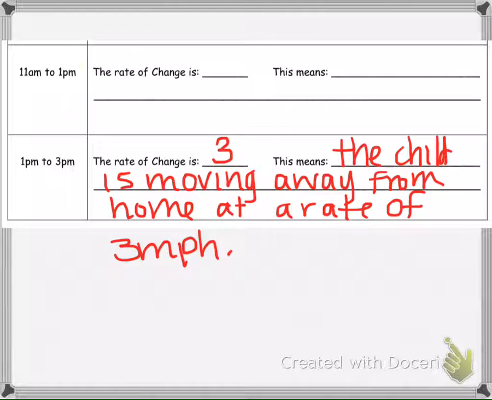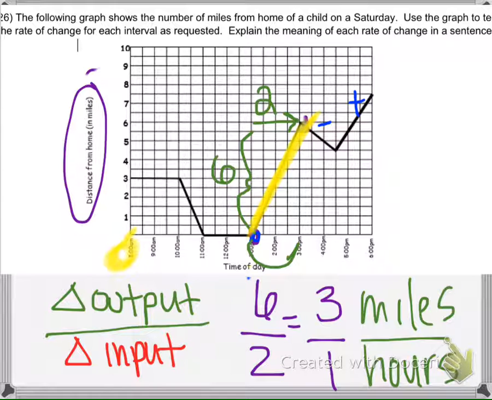It's positive because it means the child is moving away. The 3 represents moving away from home at a rate of 3 miles per hour. Why it's miles per hour is because this is miles and this is in hours. So 3 miles per hour.